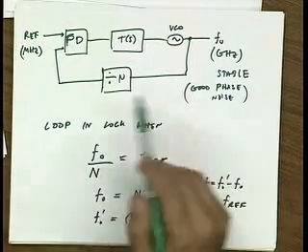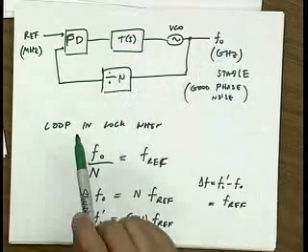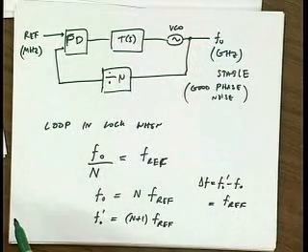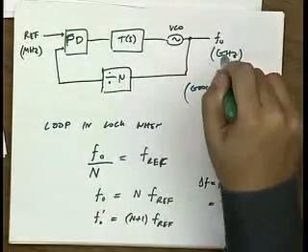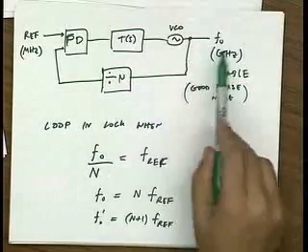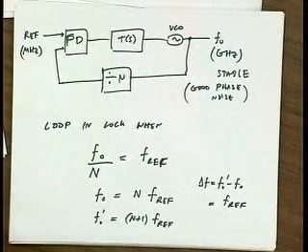Right? By changing the division ratio by just 1, the output changes by f-ref. So now not only have I devised a scheme for creating a simple, stable frequency at gigahertz, I can also program its frequency with a resolution of f-ref.